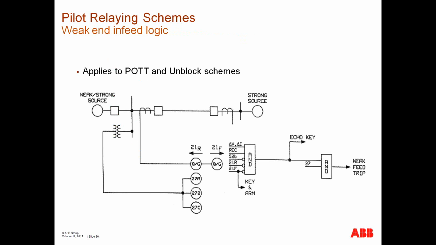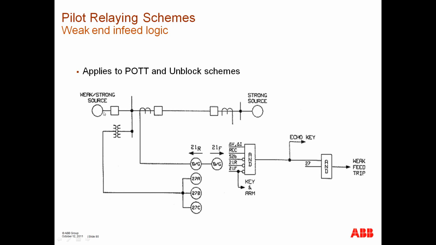The last part. Then here's the weak in-feed logic in basic. You have a very weak source down here that will not allow you to sense a fault. All right, and what you do is monitor the voltage at this point, and so you have a fault condition, and if you detect reverse current, well, obviously you see the fault in reverse.